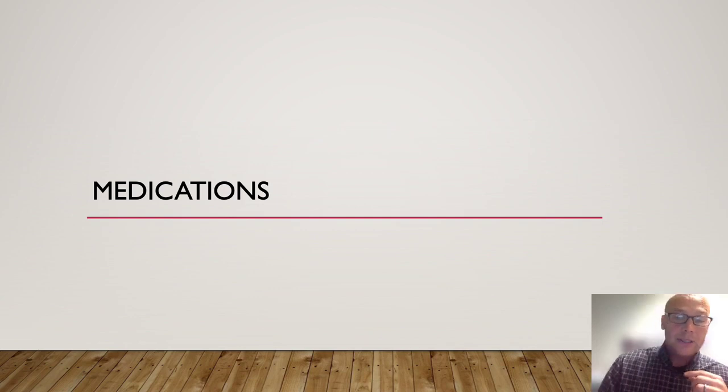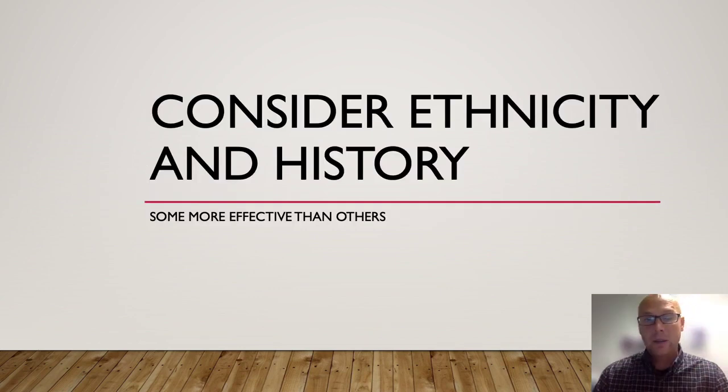Now on to the medications. So a big thing with this is to always consider a patient's ethnicity as well as their history. Time and time again, I often see patients, say, of African American descent that don't have diabetes, who are initially placed on something like lisinopril.